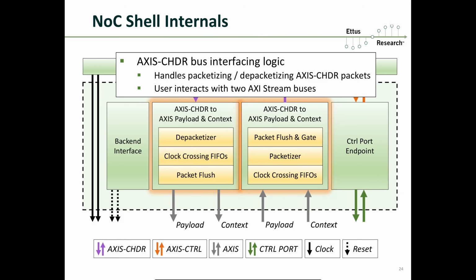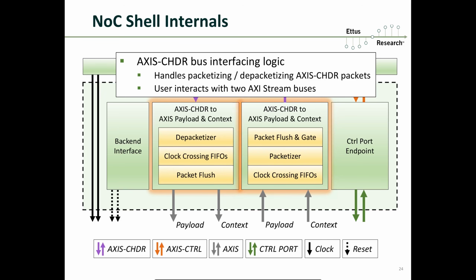And so that's what these blocks are doing for you in your block. They're taking this AXI stream cheddar interface and depacketizing it and then outputting its contents on two buses called payload and context. And it's also doing the reverse for you, which is you provide a sample stream in this sort of context, which I'll explain in the next slide here, and then it'll create this AXI stream cheddar data packet for you.